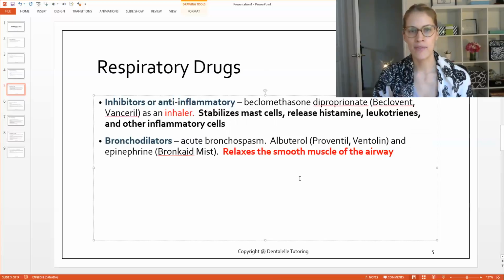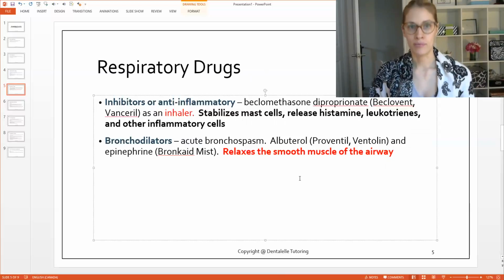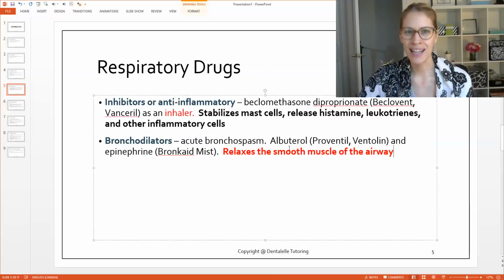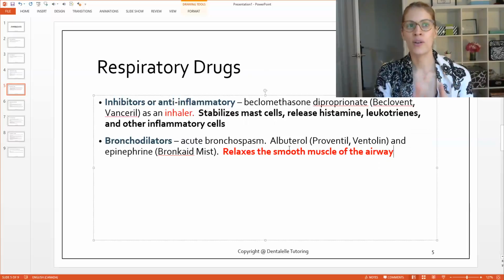When a patient's having that sort of asthma attack, you want their airway to open up, okay? So how that happens is with your bronchodilator, which is also called your inhaler, okay? So you have the bronchodilator, which is your inhaler.